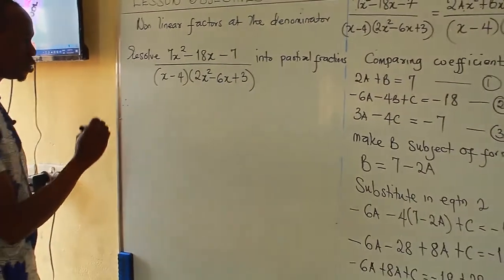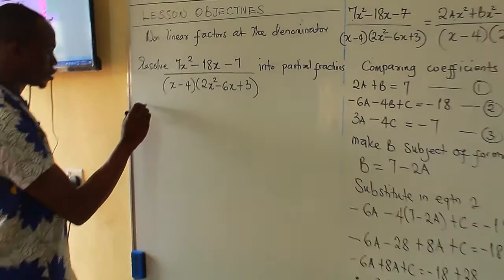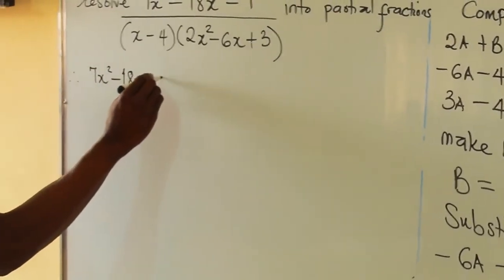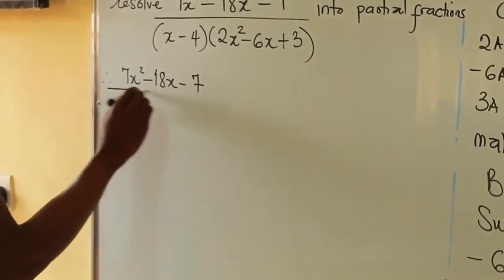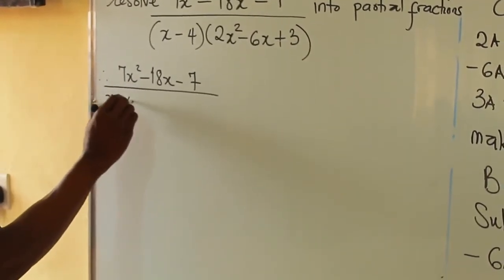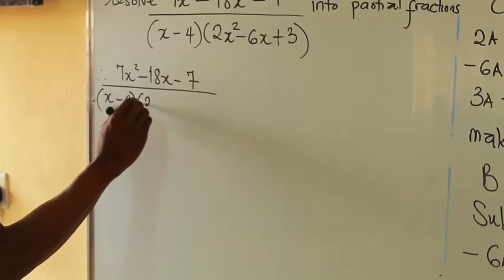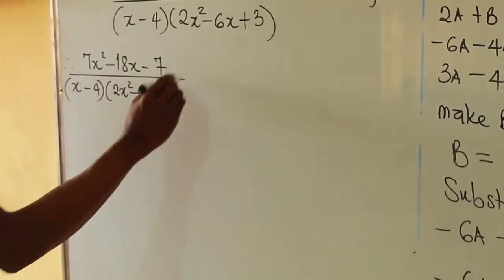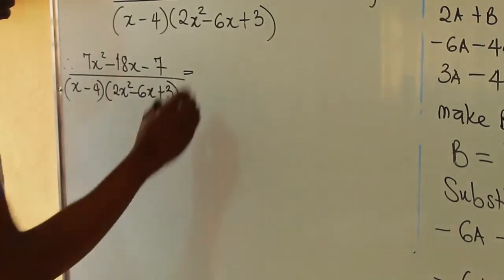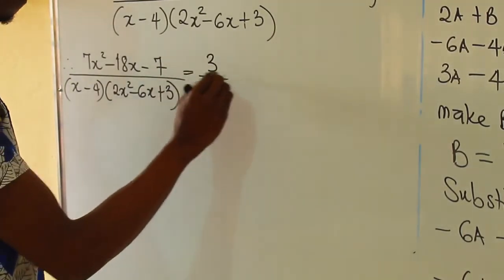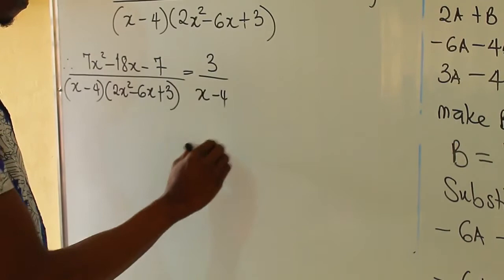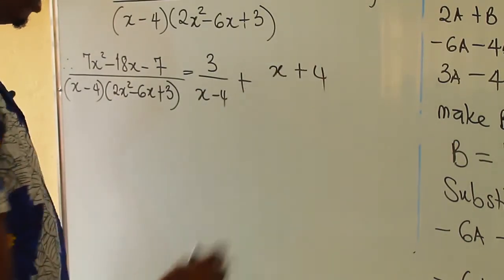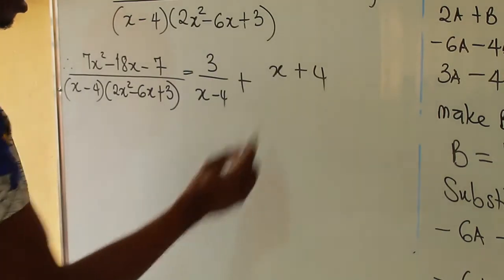So the answer will be written in this form: 7x squared minus 18x minus 7 all over x minus 4, 2x squared minus 6x plus 3 to be equal to 3 over x minus 4 plus x plus 4, which represents the bx plus c.